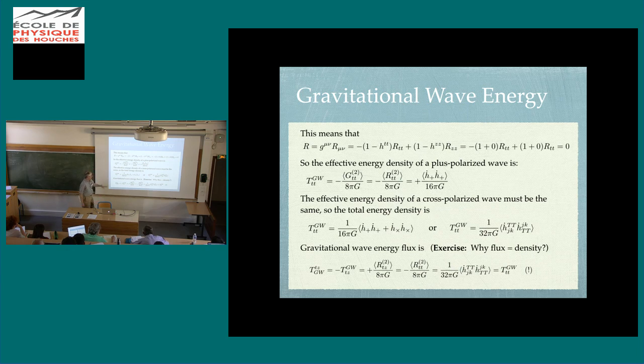Okay, so the gravitational wave energy flux is technically this component, but we already figured out that that was equal to the TT component, so it's actually the same as the energy density. And see if you can tell me why. Why is the energy flux same as the energy density?